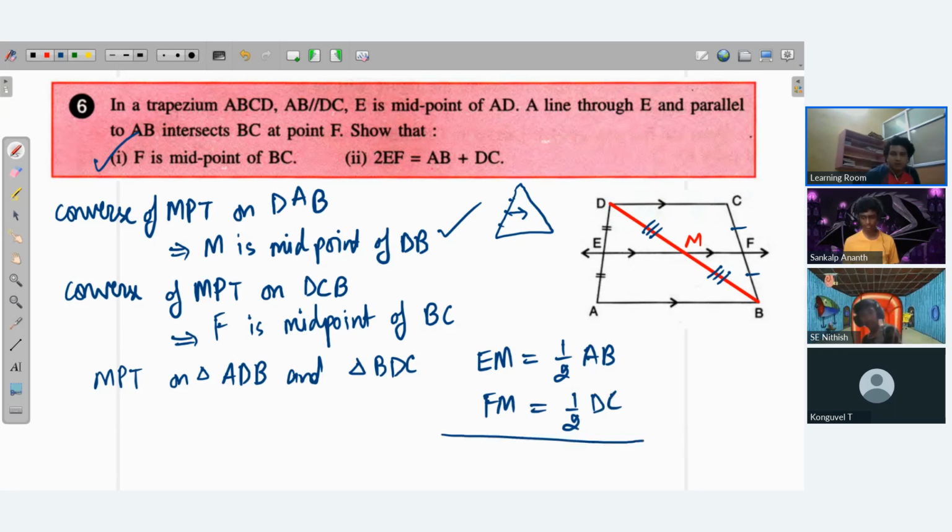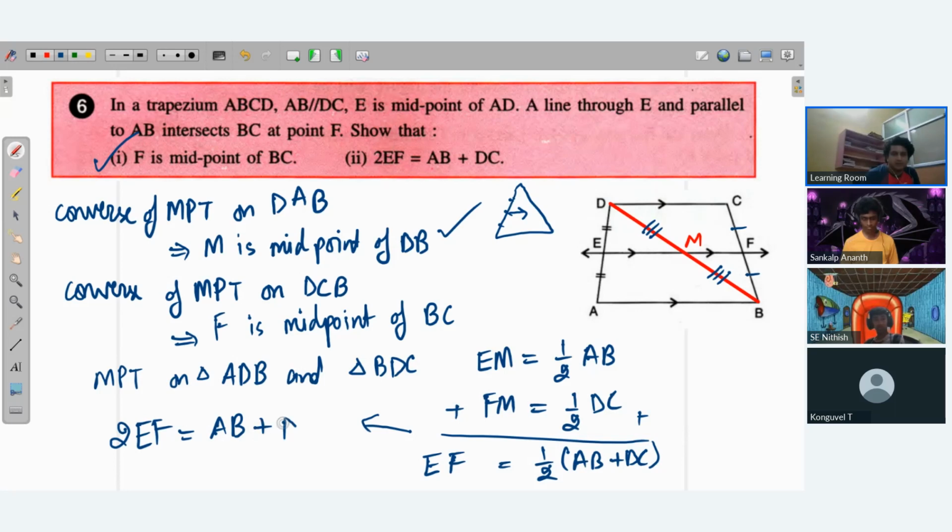Now I add both of them. I will have EM plus FM equal to EF, and this is half of AB plus DC. Now you can take the 2 to the other side. It means 2EF is equal to AB plus DC. Understandable? Yes, sir. Very good.